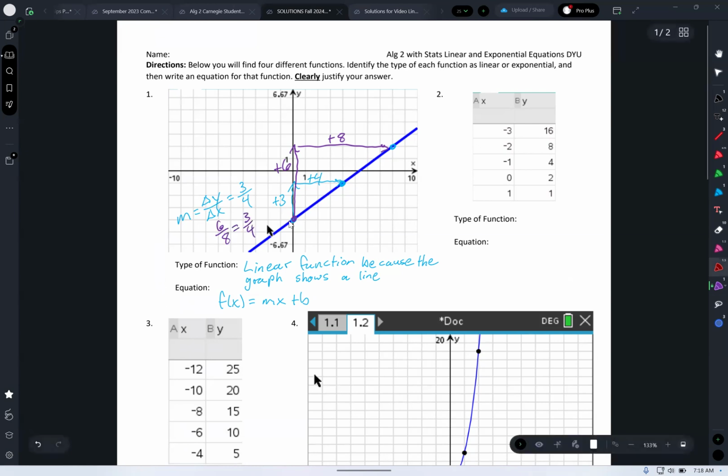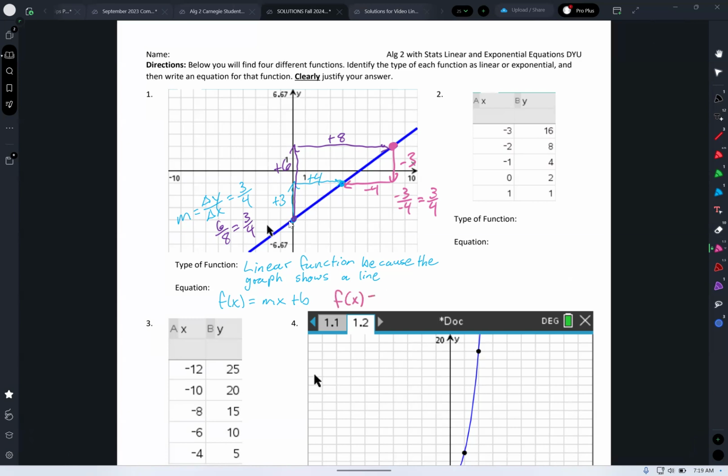I could even go backwards from this point up here on the top right, that 8, 2 I believe it is, and it would go down 3 and to the left 4. And still, -3 divided by -4 is equal to 3/4. Don't forget, you can make it into a table. Any option, change in y divided by change in x, does not change from 3/4.